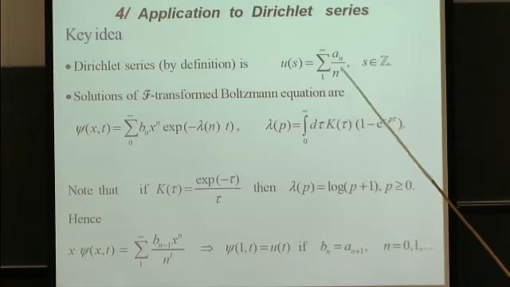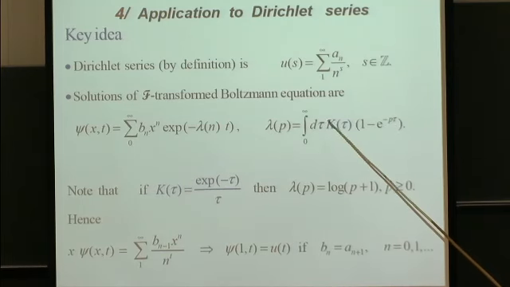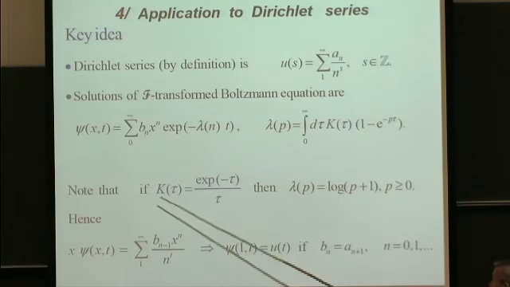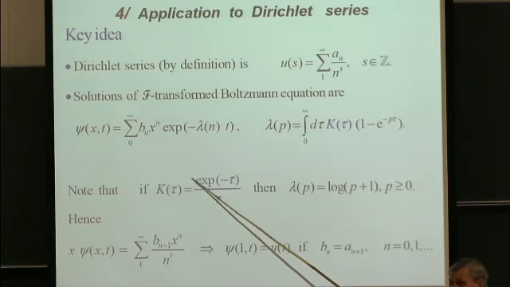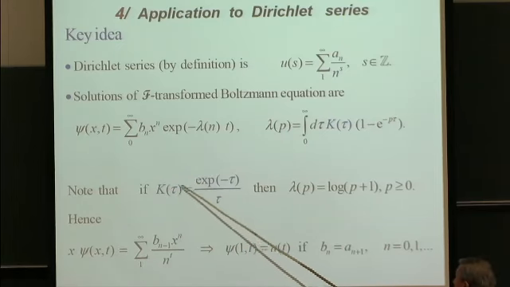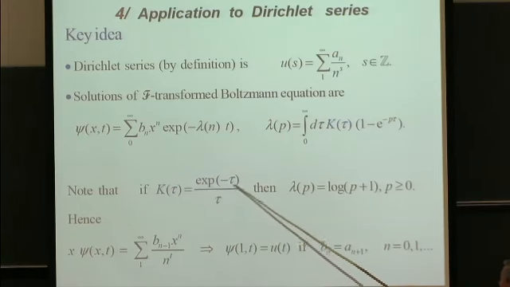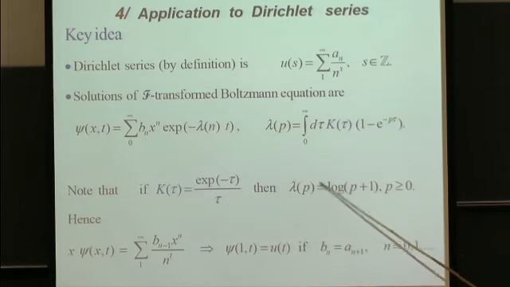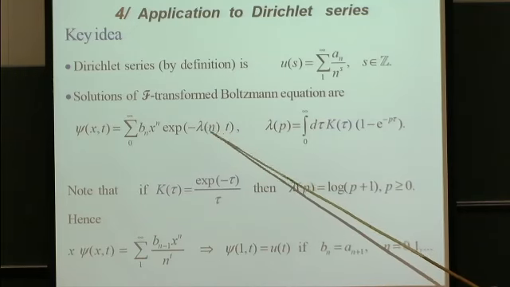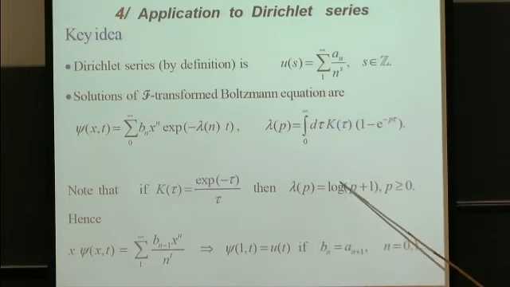So, to make a connection, it remains to note that if I take this function in the form k of tau equals exponential minus tau divided by tau, then my lambda of p, which is here, will be log of p plus 1.